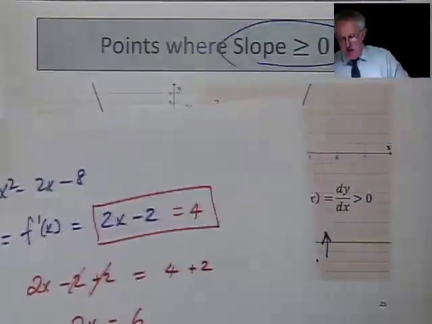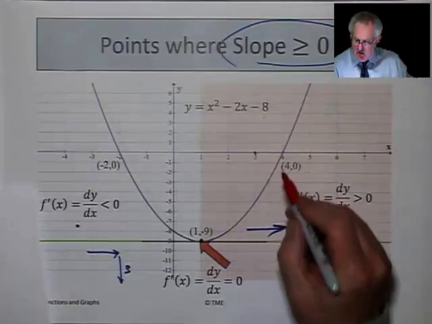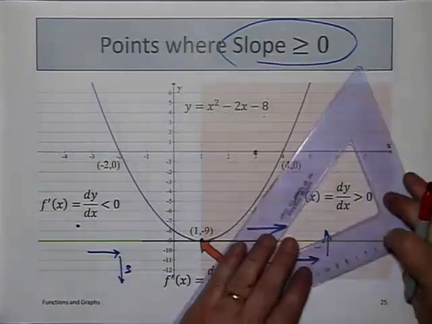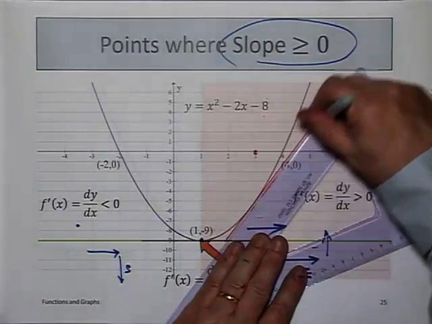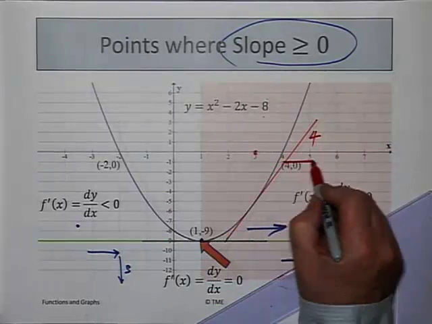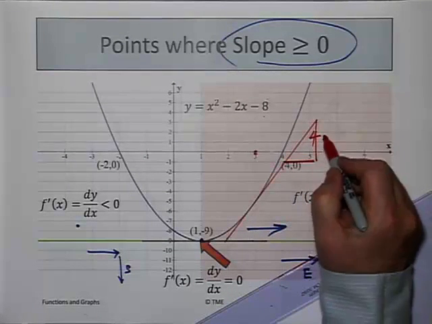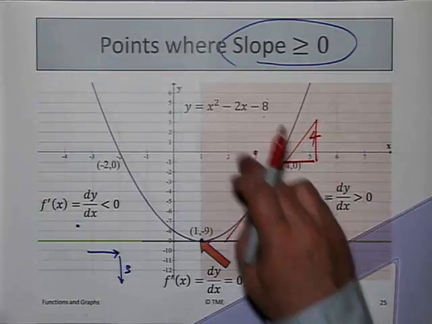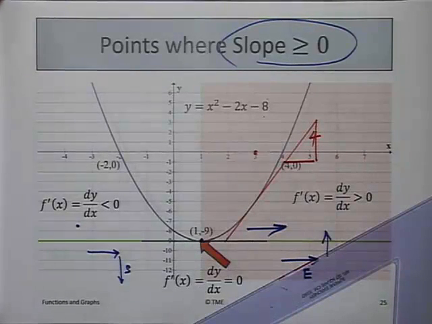So I now go to the point 3, and I say, at the point 3, the slope of this graph is 4. 4 to 1. Whatever way I do that, 4 to 1. But what is that point? Well, I can find the point by just plugging the numbers in.